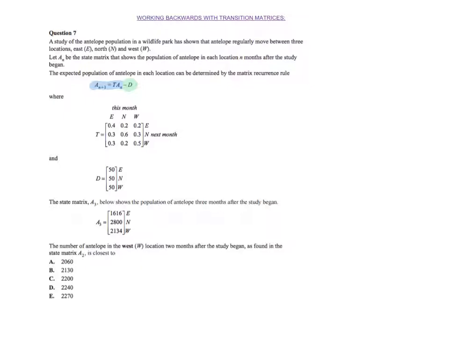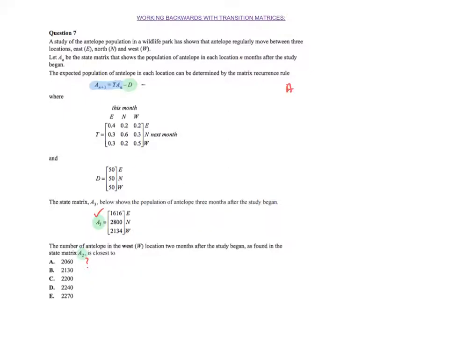So down here we can see we've been given A3. So the number of antelopes in the west location 2 months after the study began, as found in the state matrix A2. So can you see, A2 is the question, and we've been given A3. Okay, so think about how did we find A3?